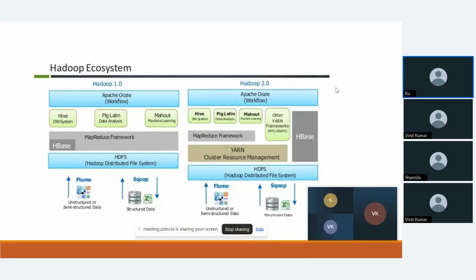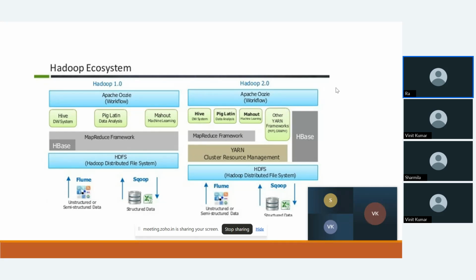But in the background, what was happening is that all these technologies were developed on top of MapReduce. Whatever we were doing, everything was getting converted into MapReduce, because when it comes to storage Hadoop only understands the Hadoop Distributed File System, and when it comes to processing, it only understands MapReduce.